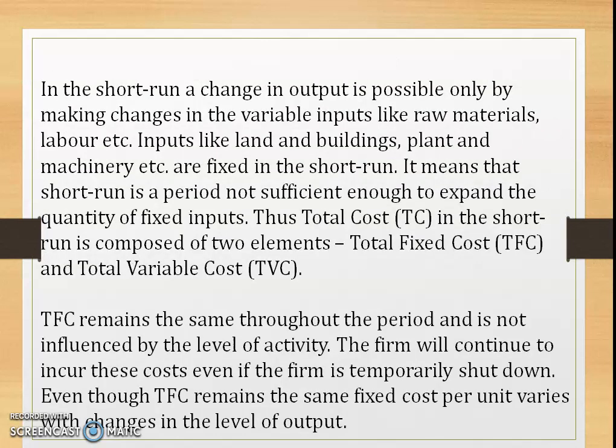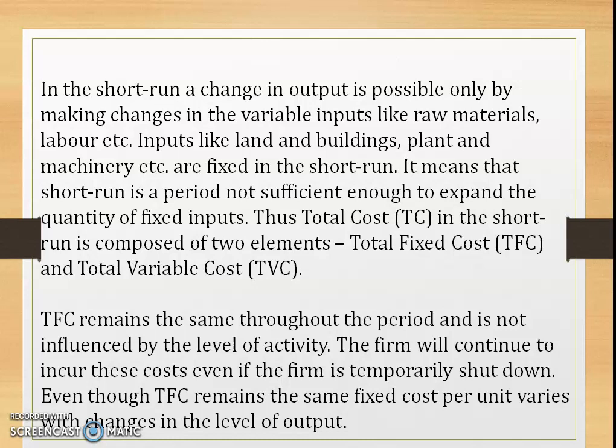So in short run, a change in output is possible only by making changes in variable inputs like raw materials, labor, etc. Inputs like land and buildings, plant and machinery are fixed in the short run. I have taught you in the short run production function where I considered only one factor as variable.